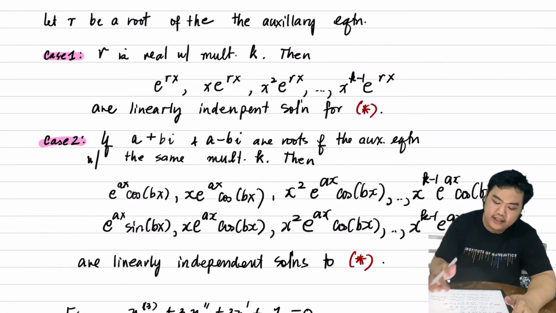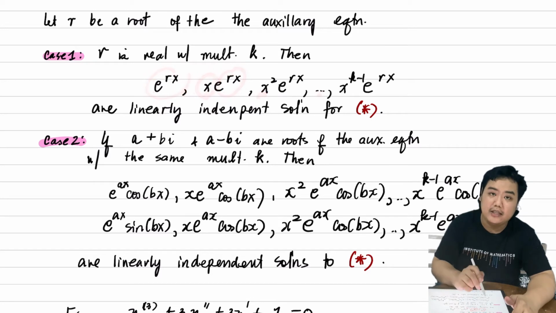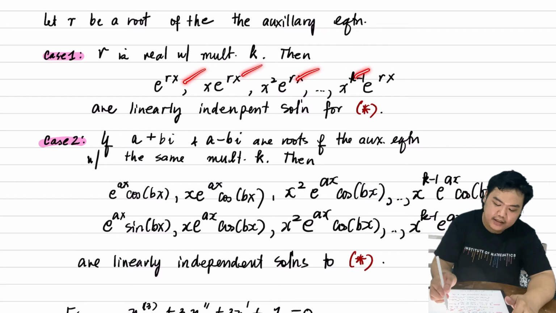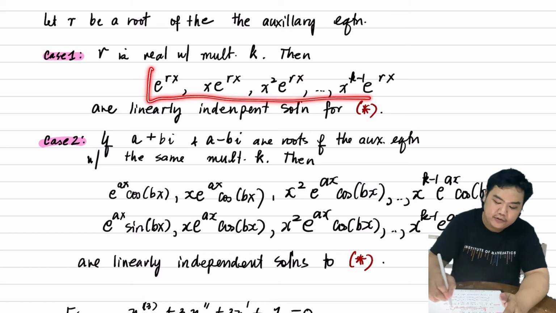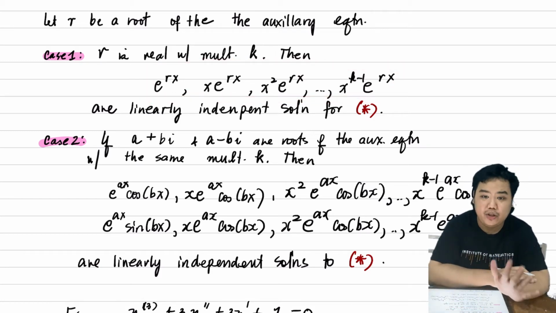Okay, so ano yung nangyayari? e raised to r times x, tapos kokopyahin mo lang to, pero ta-times mo sa x. In next one, ta-times mo lang ulit sa x. Ta-times mo lang ulit sa x. Okay? So, etong mga bagay na yan are linearly independent solutions to your differential equation. So, magiging bahagi ito nung general solution. So, mamaya ipapakita natin anong itsura. Okay?